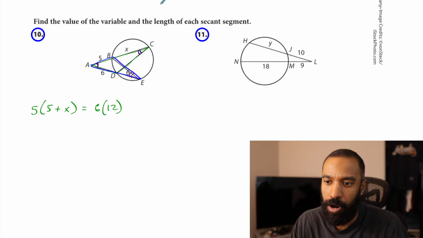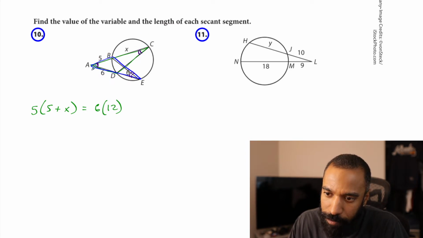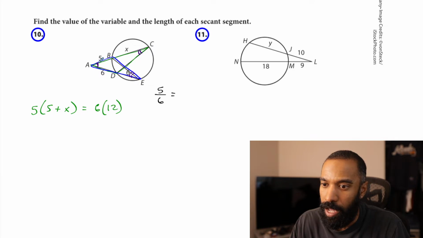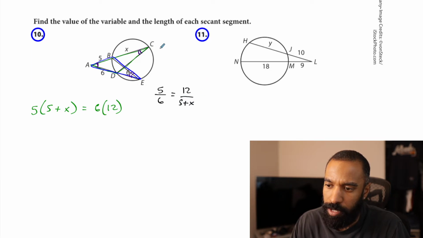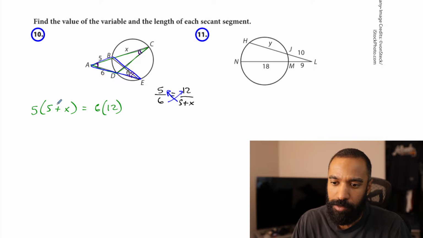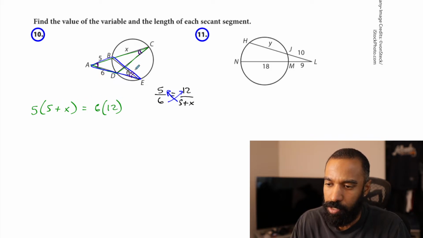Now when you look at the parts that correspond here, the 5 in blue corresponds with the 6 in green. That's 5 over 6. Then in blue, the 6 plus 6 corresponds with the 5 plus x in green. If you cross multiply, what do you see? 5 times 5 plus x equals 6 times 12.